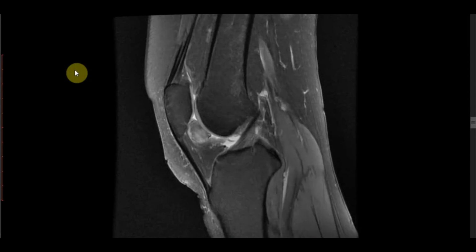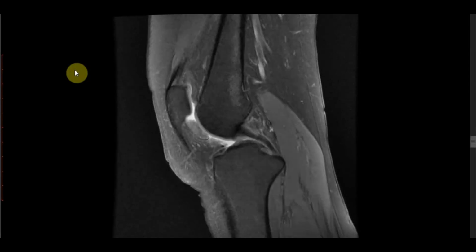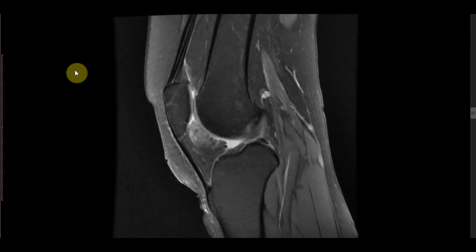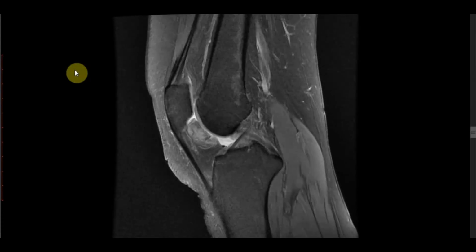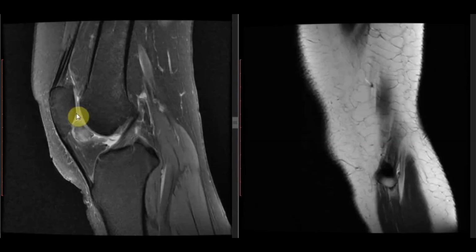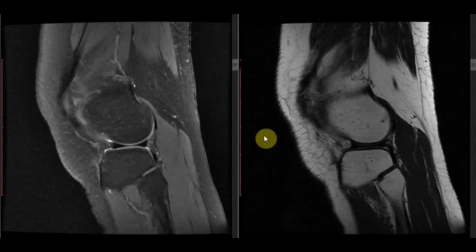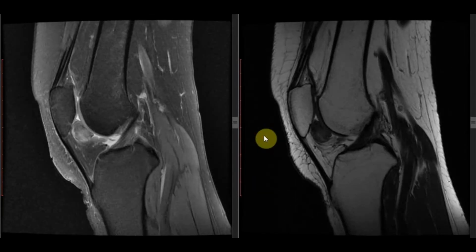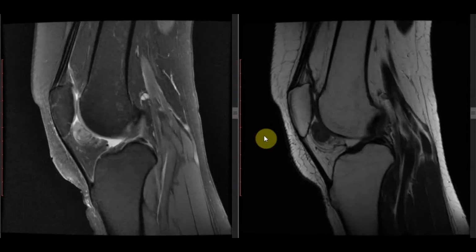So this is a soft tissue mass which is appearing hyperintense on PD fat-sat, and this is a well-defined lobulated lesion located in the posterior aspect of the upper fat pad. Let's see the signal intensity on other sequences. We have a T2-weighted sequence, and the lesion is showing areas of hypointensity.